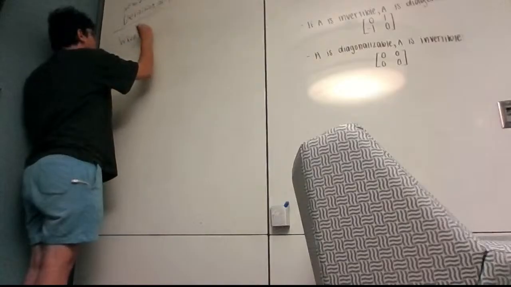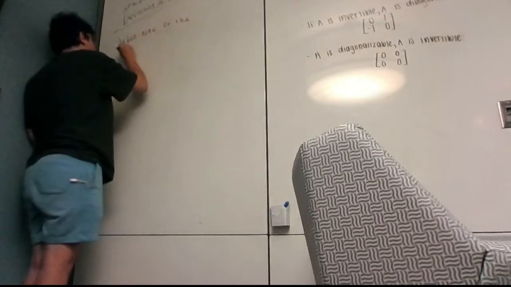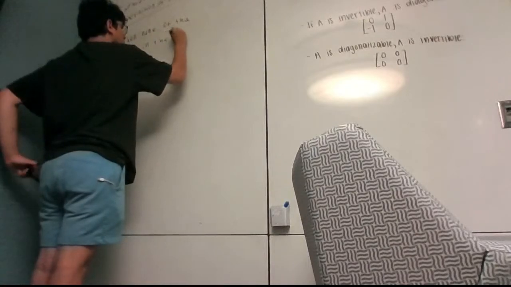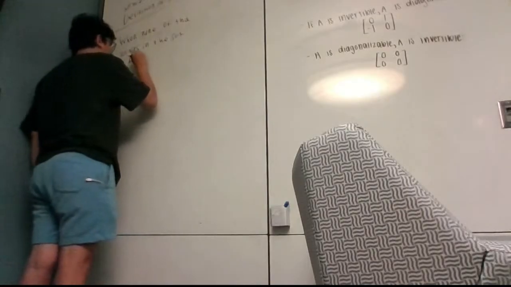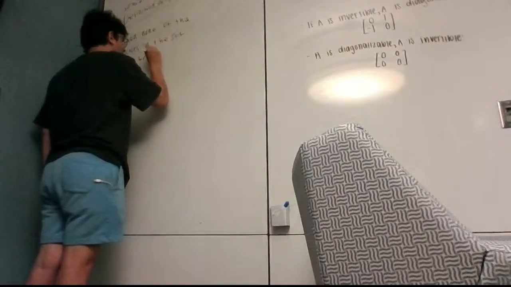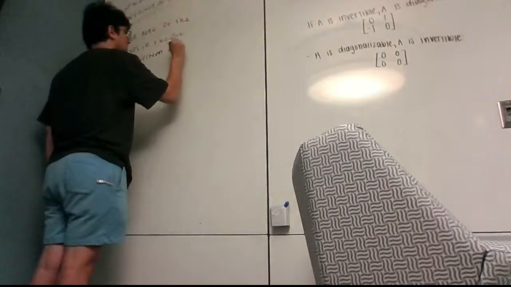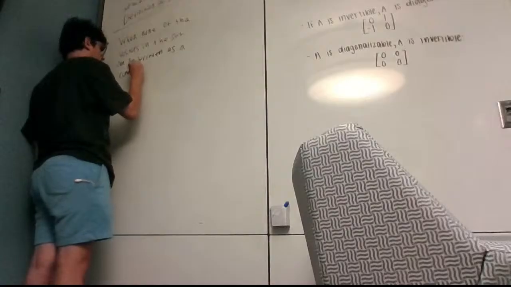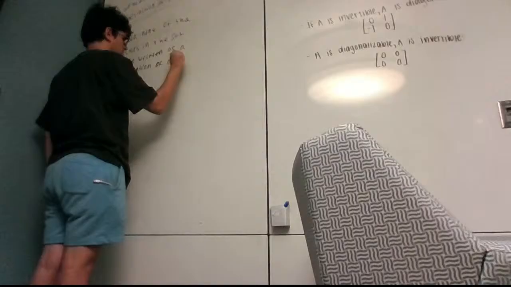When none of the vectors in the set can be written as a combination of another.